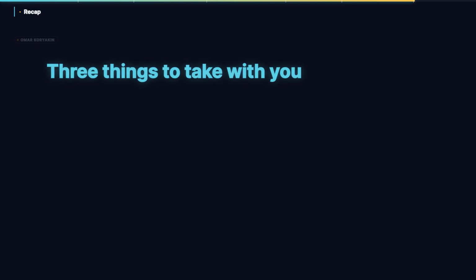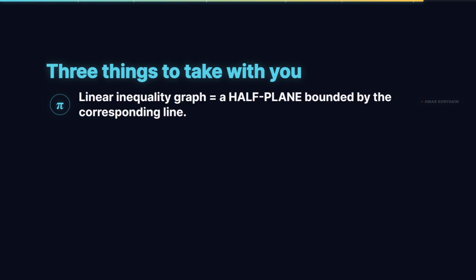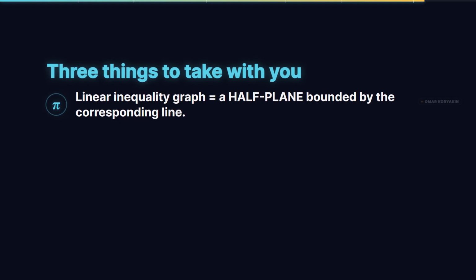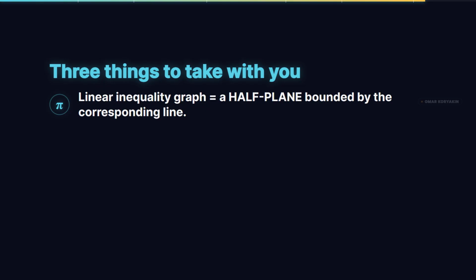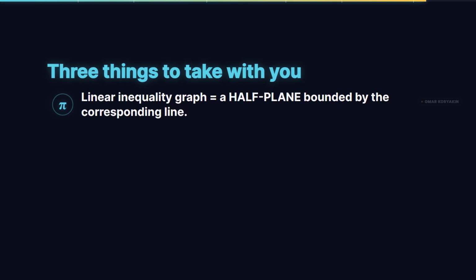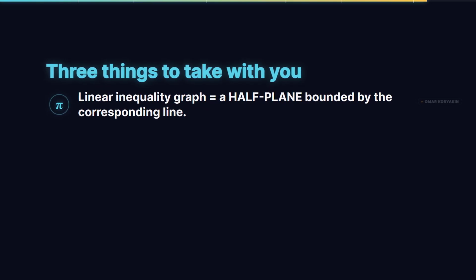3 things to take with you from this lesson today. Half-plane graphing is the visualization tool of two variable linear constraints, and the 3-step procedure from today scales directly into systems of linear inequalities and into the feasible regions of linear programming work in later courses. First, the graph of a linear inequality in two variables is a half-plane, an entire two-dimensional region of the coordinate plane on one side of the boundary line.